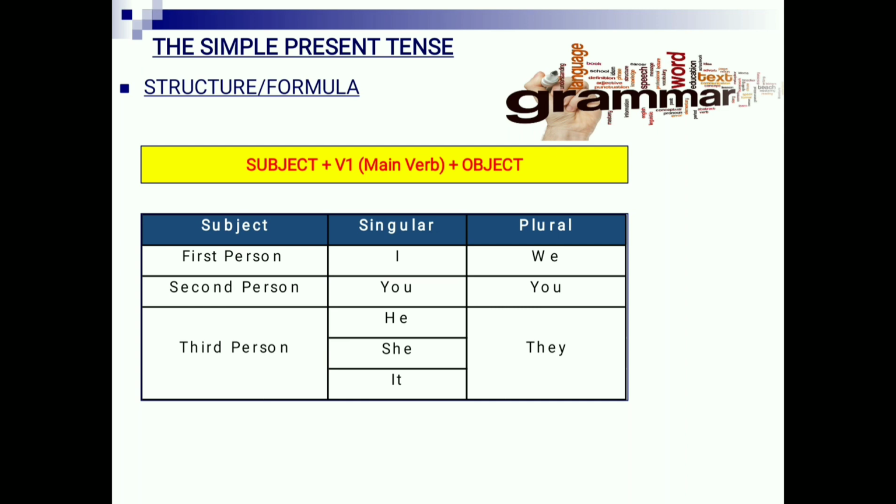Verbs have three forms, that is V1, V2, V3. V1 is the main form or basic form of verb, that is the action word. V2 is the past form of verb and V3 is the past participle of the verb. Here in simple present tense we will use V1, that is the main verb.